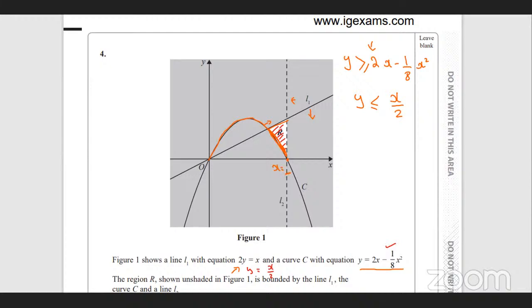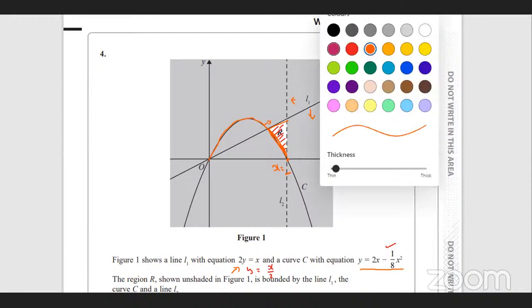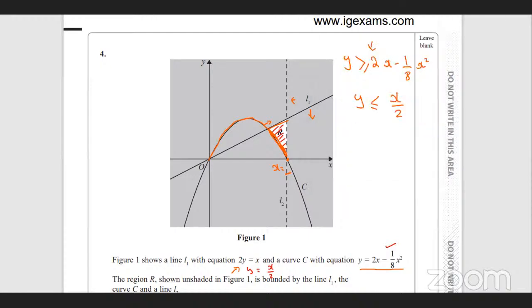What something? We need to find that out. Okay. But for finding that out, we know that at this point, our curve is touching the x-axis. Okay, so this means that value of y is 0. In order to find this point, I can use the concept y equals 2x minus 1 by 8x square.